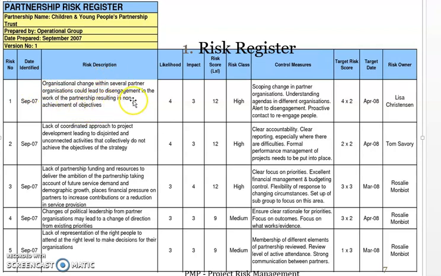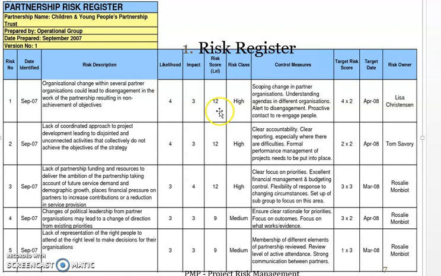You will describe it here. Likelihood of occurrence, 4 times. Impact, that is a scale given by the project team in consultation with the clients. So impact scale, risk score, that is 4 into 3, 12, the likelihood of occurrence into impact.